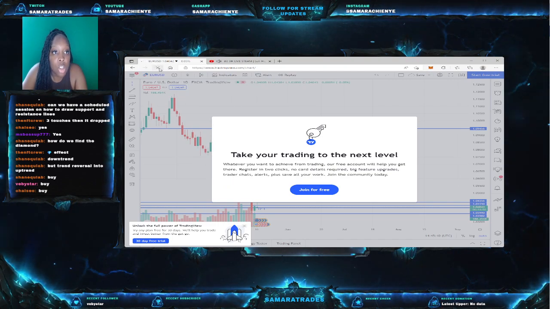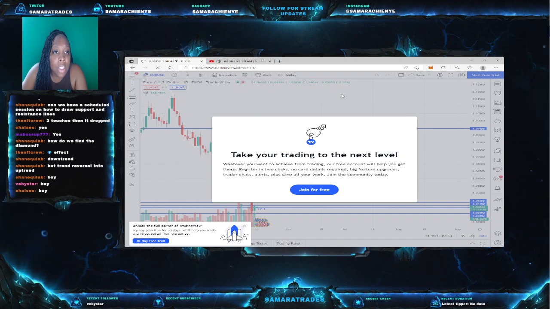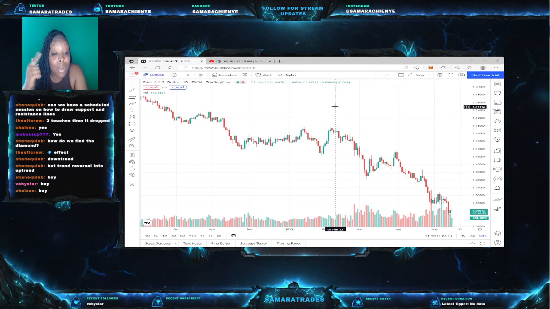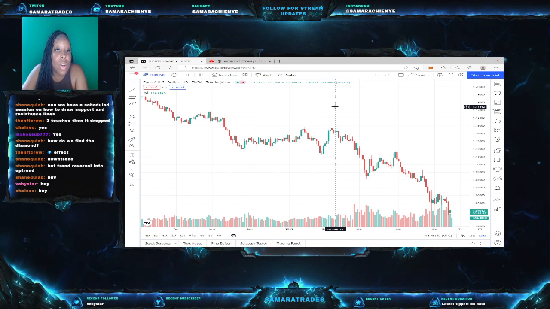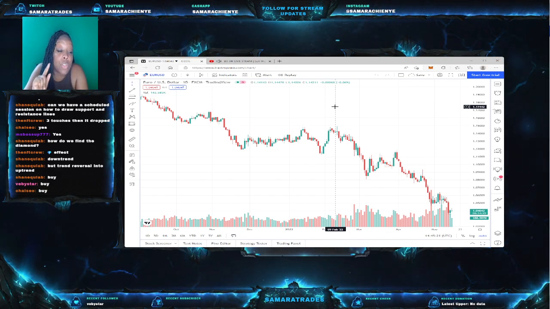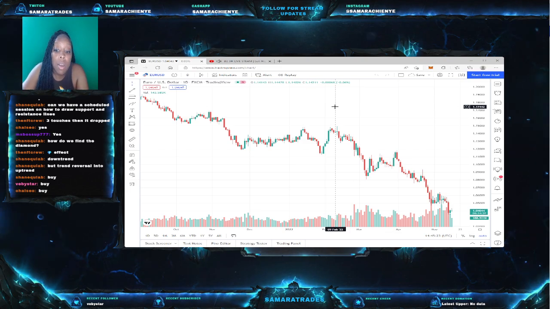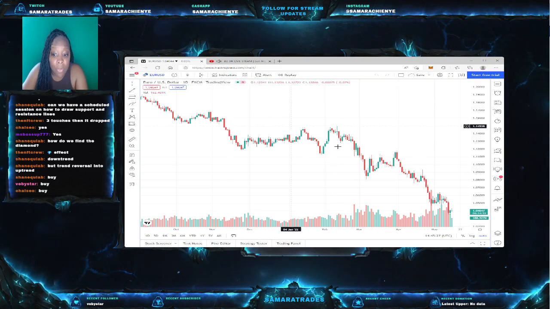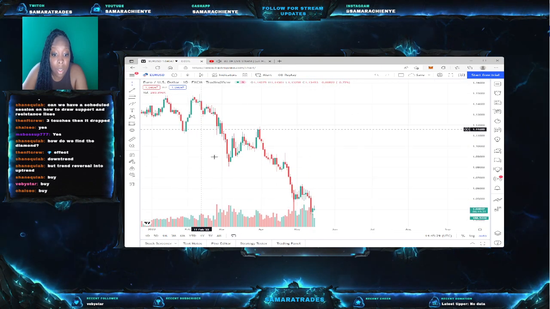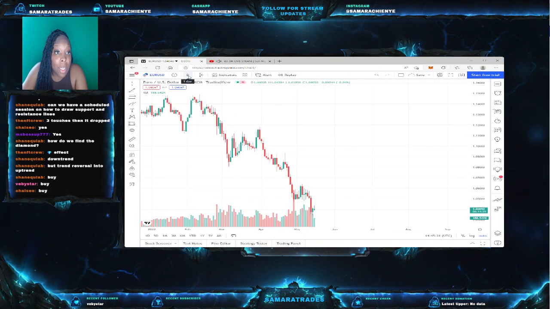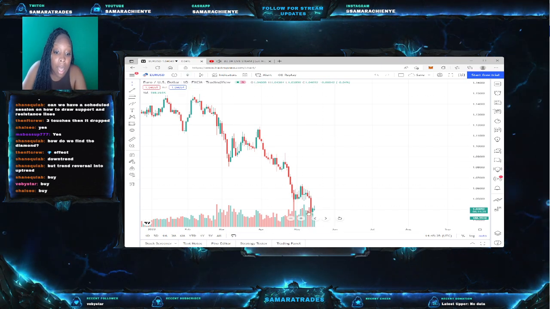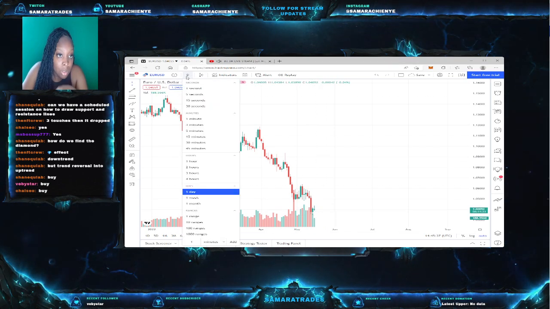So I don't want you guys to be like, well, the day chart is still showing a downtrend. You always want to keep in mind that the day chart has 24 hours. It takes 24 hours for one candle to be formed. It only takes 15 minutes for the 15-minute chart to be formed. So the 15-minute, 4 hour, all those have already accomplished what they need to do. It's only going to happen on the day chart.